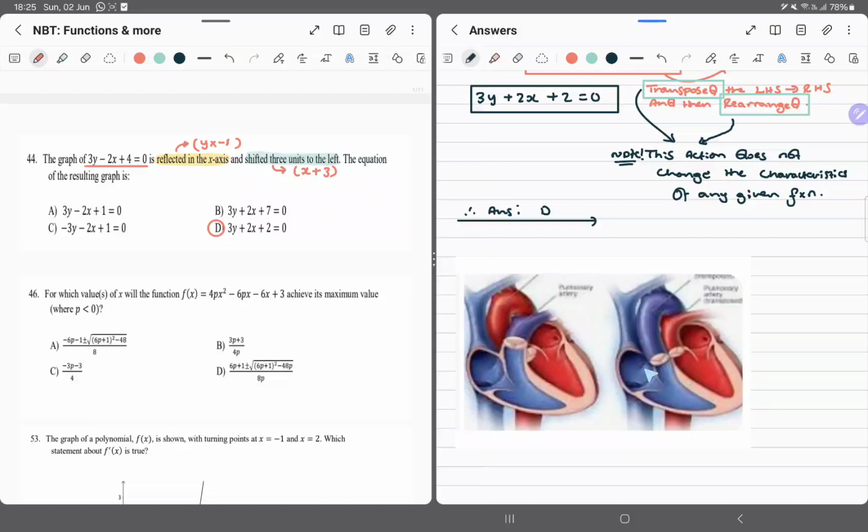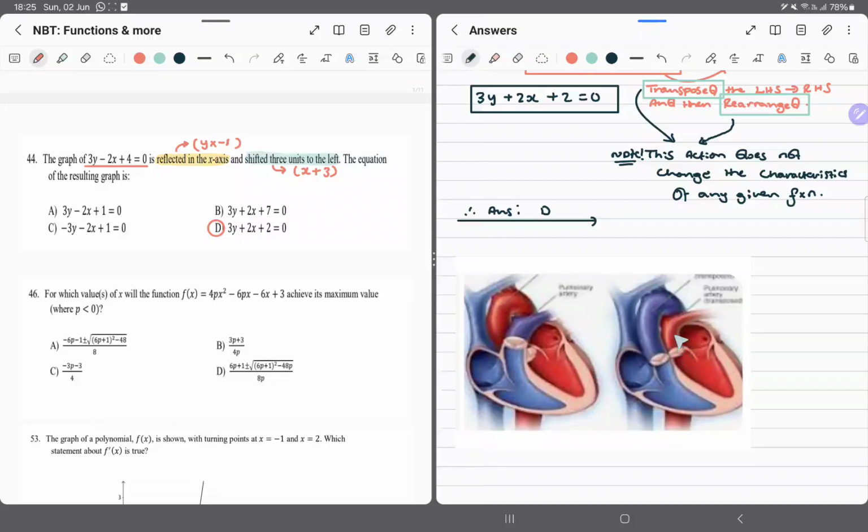Find that the main vessels or the great vessels are transposed. That means what was supposed to come from the left ventricle is now coming from the right ventricle and vice versa. So that's the transposition of the great vessels. But now, how do we know this is still the aorta then? It's because it's connected to the rest of the body. It's not an artery between the heart and the lung.